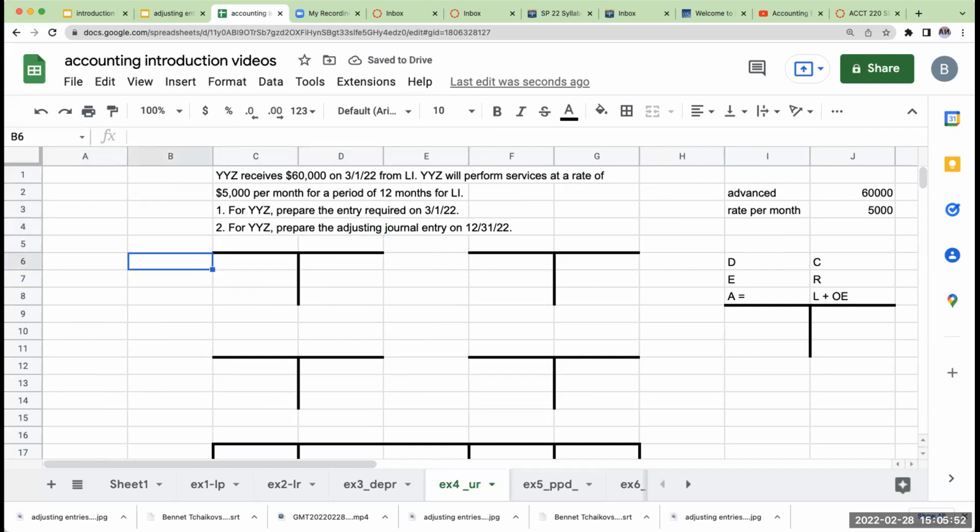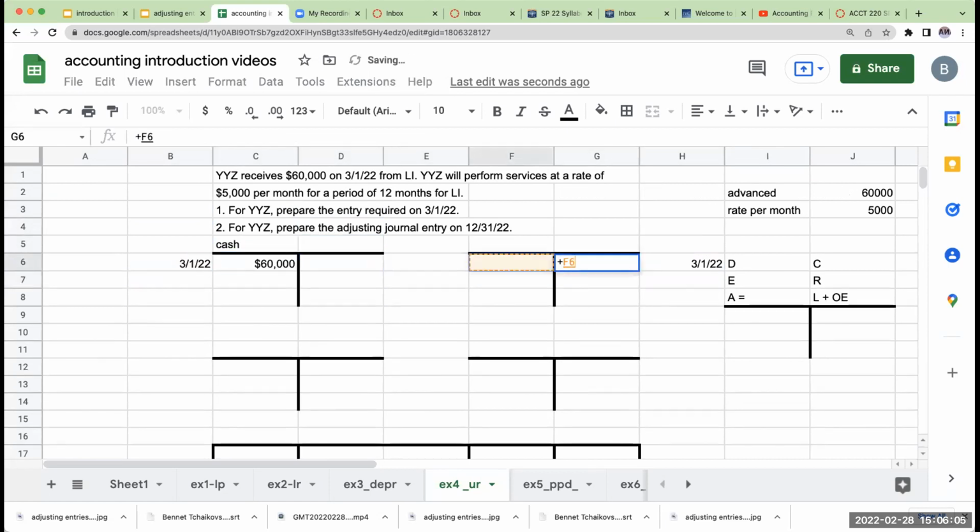So on March 1st, 2022, when I originally received the money, prepare the entry required, I'm going to debit cash for 60,000, and I'm going to credit unearned revenue for $60,000.